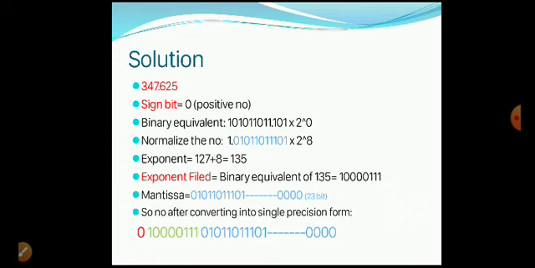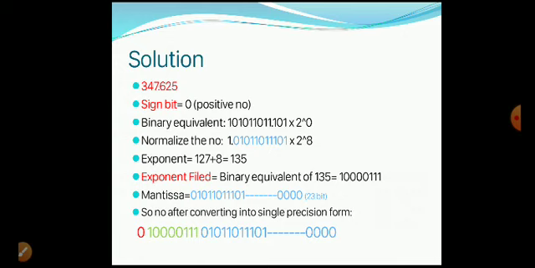The binary equivalent of 135 is nothing but your exponent field. Now the Mantissa field: in the normalized case, I am showing the blue fractional part, and that is nothing but your Mantissa. But to become 23 bits, I have to append some zeros. After appending the zeros, the number obtained is the Mantissa field.